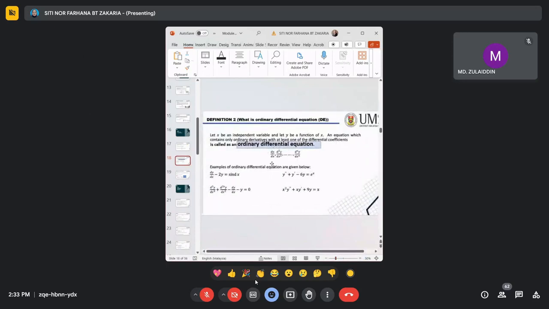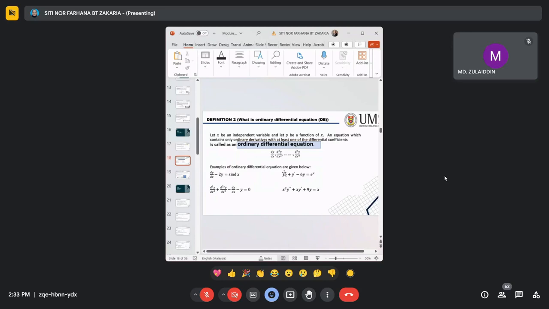An ordinary differential equation means that you have only one independent variable. For example, in this equation, dy/dx minus 2y equals sin x, we have x as the independent variable. So this DE, we call an ordinary differential equation.